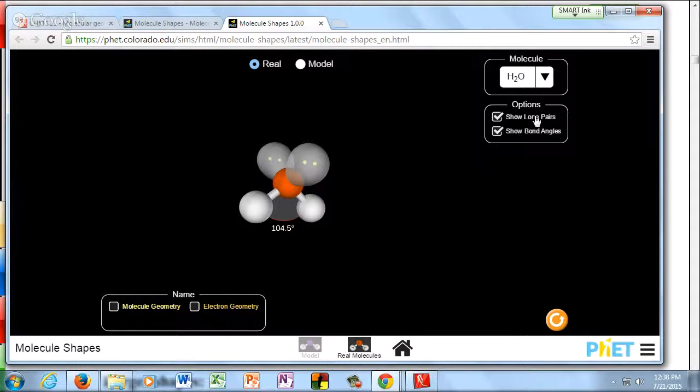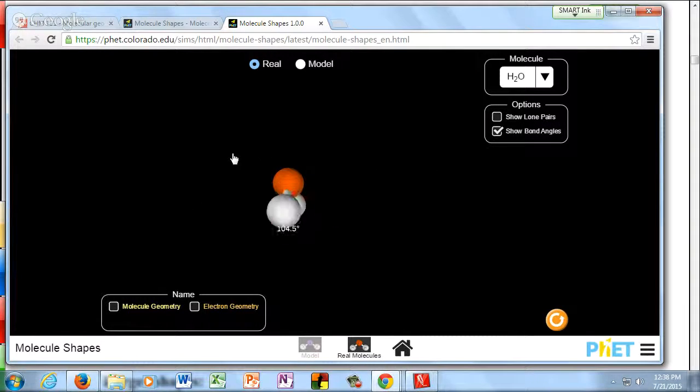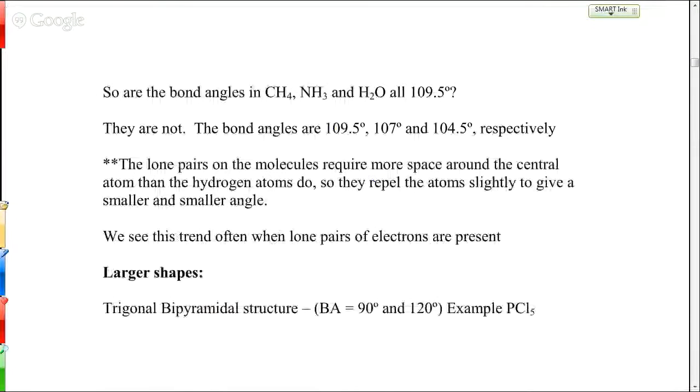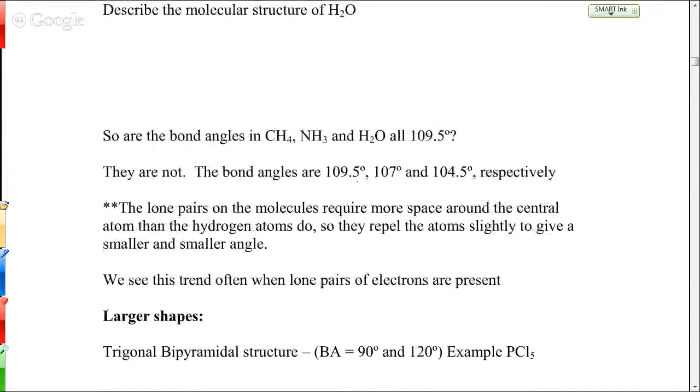And then since we don't see the electrons, we call this shape bent instead of tetrahedral. So the geometry, the bond angles come from tetrahedral, but we call it bent. And there again, it's talking about these different shapes. And whenever we see those lone pairs of electrons, we see this trend, that the lone pairs push a little bit extra on the others, which decreases that angle a bit.